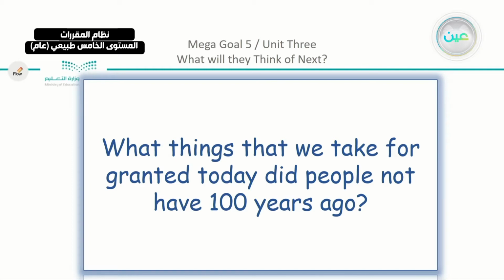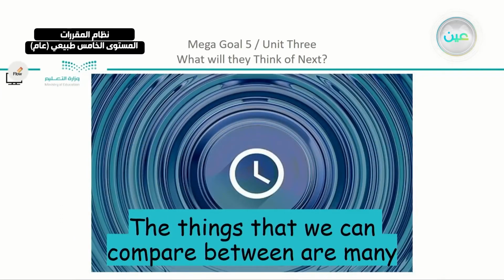Now, you have to appreciate the things that we have now that they didn't have before. And we imagined later on, after 100 years, what are the things that they may have that we do not have now. But just to compare between our present and the past and appreciate the things that we take for granted, we have here some examples.